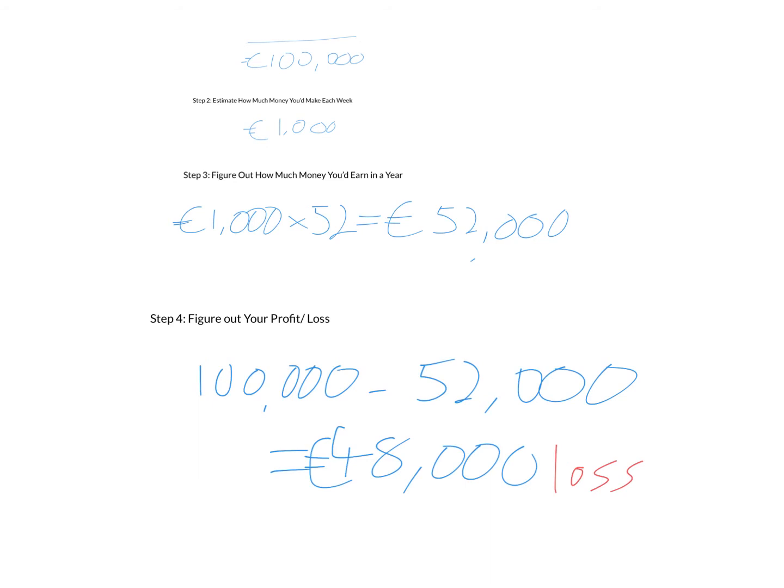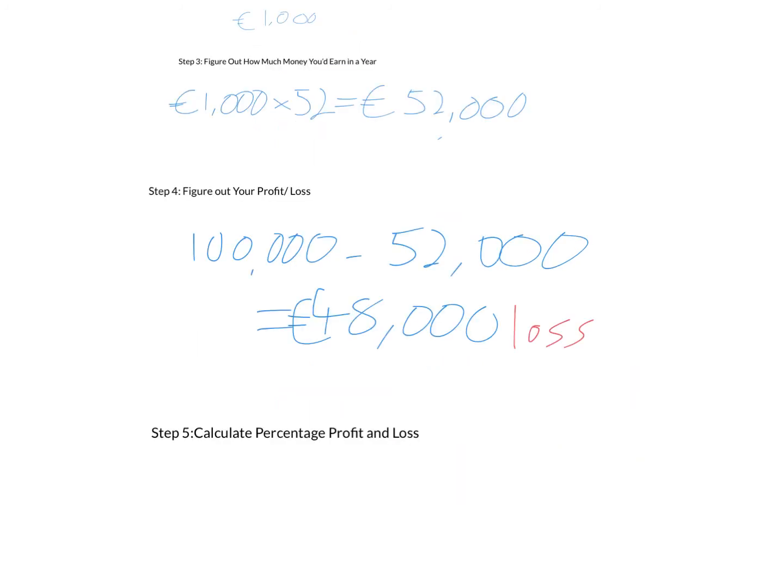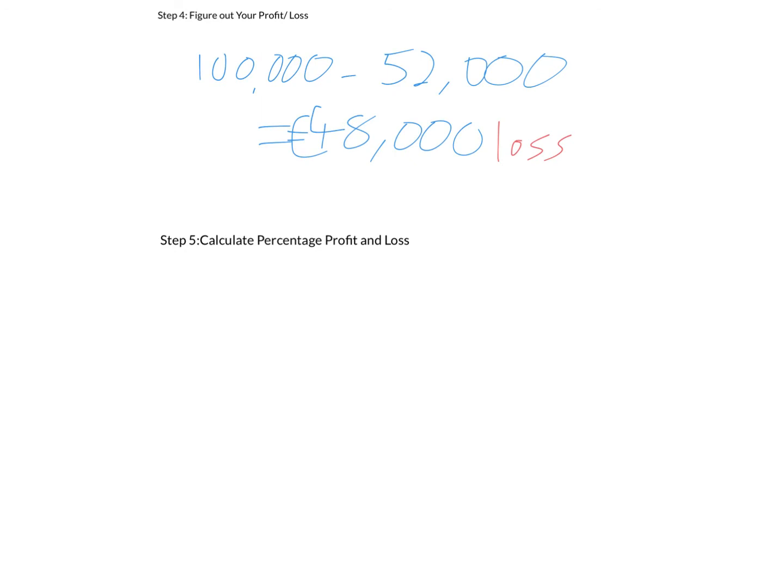Now, if we want to take this further, we could figure out our profit and loss as a percentage. So to calculate the percentage profit and loss, what we're going to do is we're going to put our profit or loss over the cost price, or we can say that's the price of our investment.